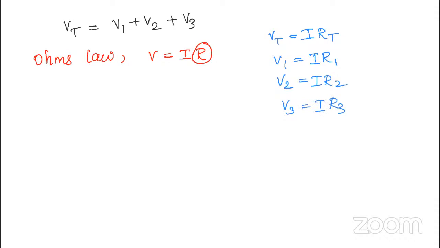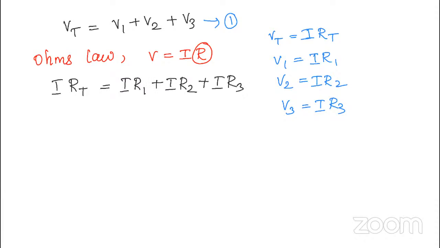Okay. So now here in the first expression we have to substitute all the values. Okay. So substitute and see. It is I into RT is equal to I into R1 plus I into R2 plus I into R3. Okay. So if we take I common, what about the remaining R1, R2, R3?